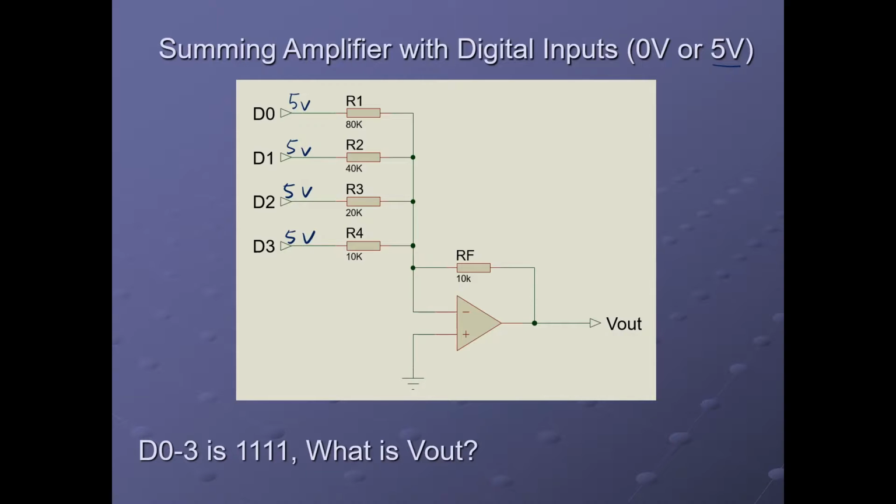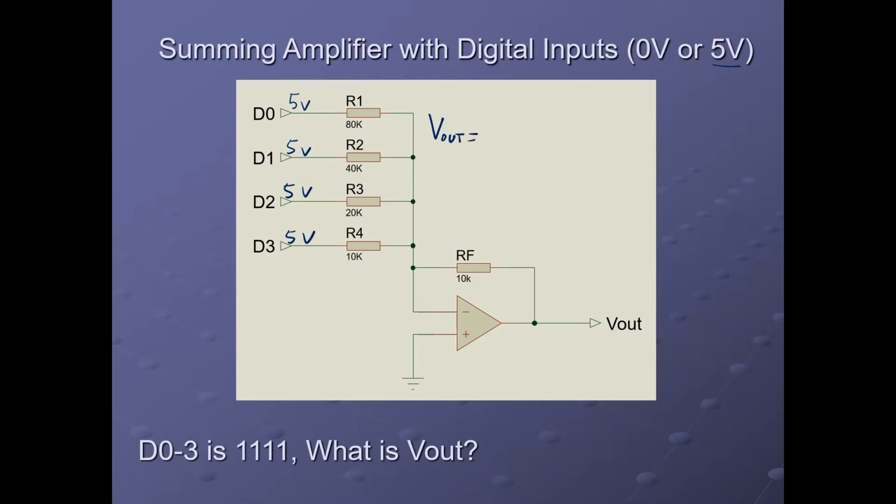So how do I work out what V out is? Again, pause the video and see if you can use the equation to work out what V out is. I'm going to do it here.